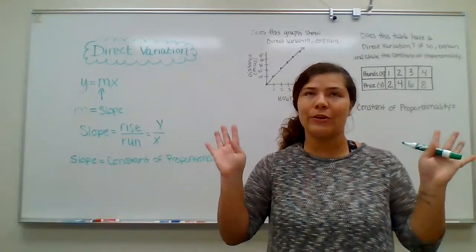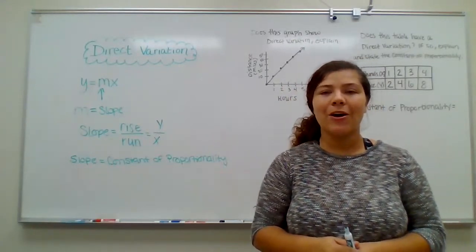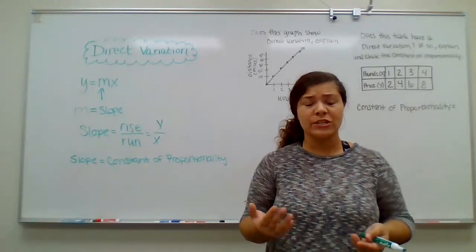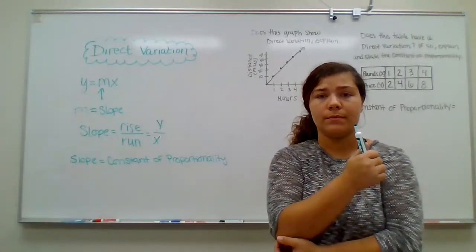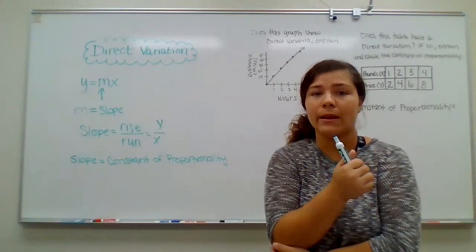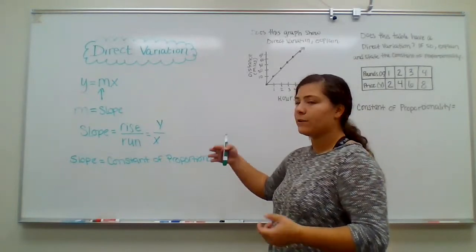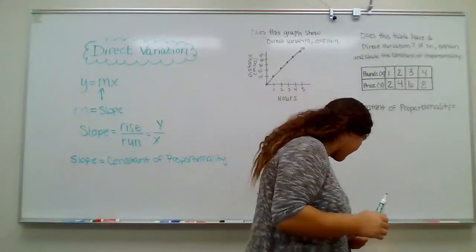It's just another fancy word for slope, okay? So don't get all confused. Remember, proportional relationship unit, we've learned that there's many things that are called slope. And like we just stated, the slope for direct variation, we call that the constant of proportionality.